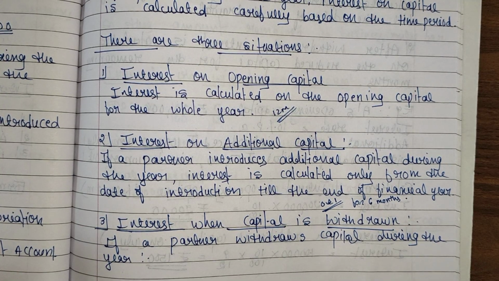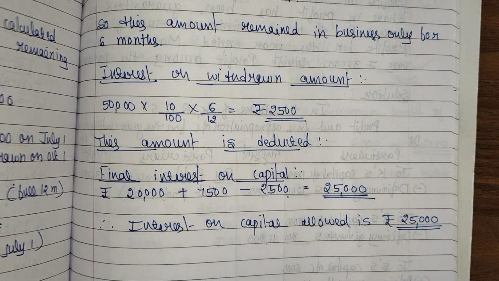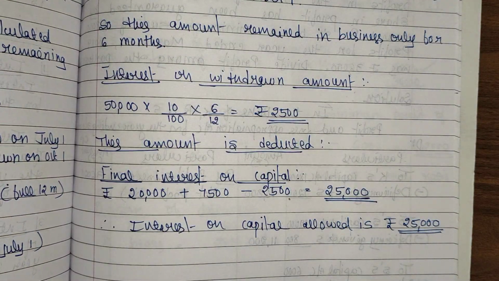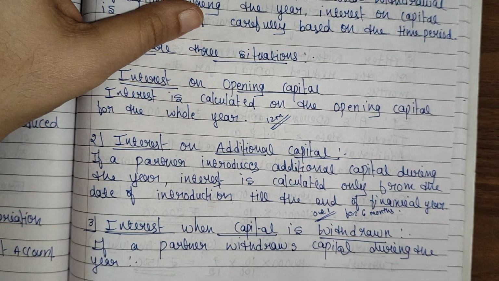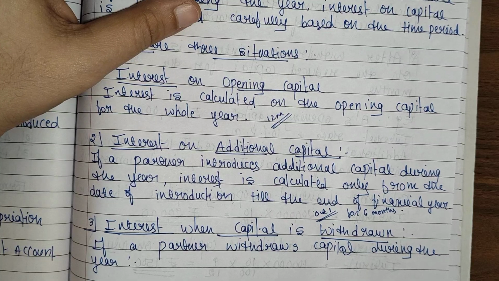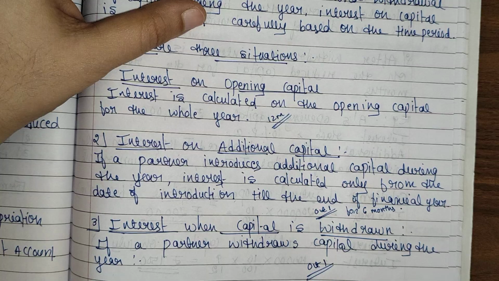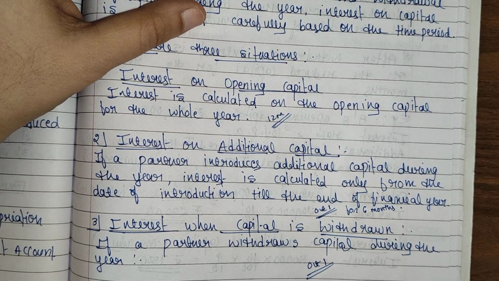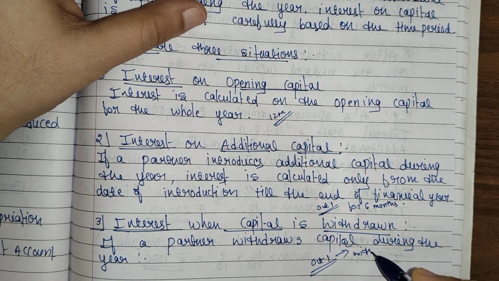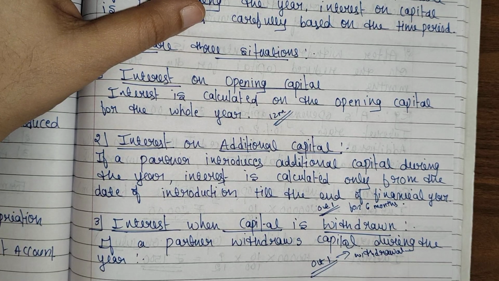And interest when capital is withdrawn. If a partner withdraws capital during the year, here we calculate the interest on the amount remained in the business, till that time. For example, on October 1st, one of the partners withdraws the capital. Clear? So how do we calculate the interest?